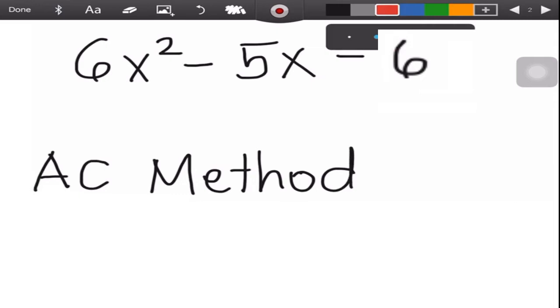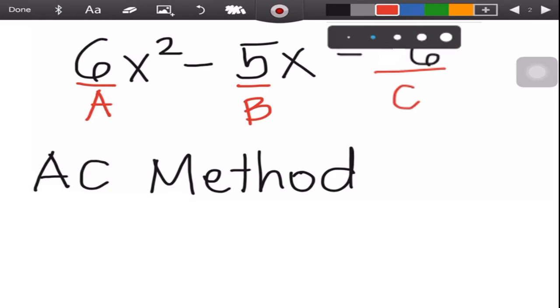So from the word of the technique itself, A and C, we will multiply the numerical coefficient A and the numerical coefficient C. So here, this is A, and this is B, and this is C, or the constant.